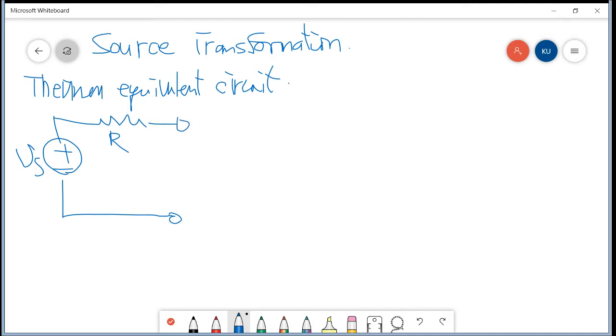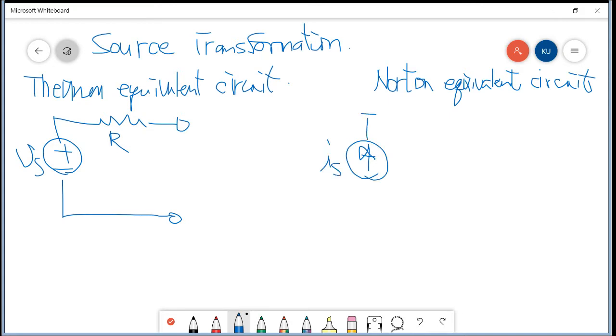And the other one is called the Norton equivalent circuit. It will be something like a current source in parallel with a resistor. The resistive value is actually the same. Both of them are R.